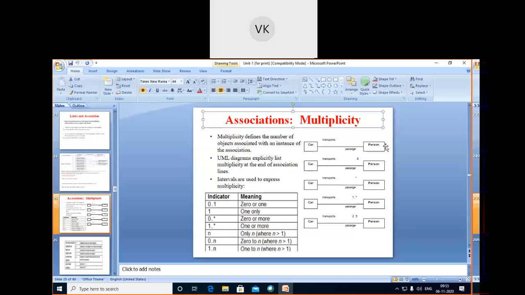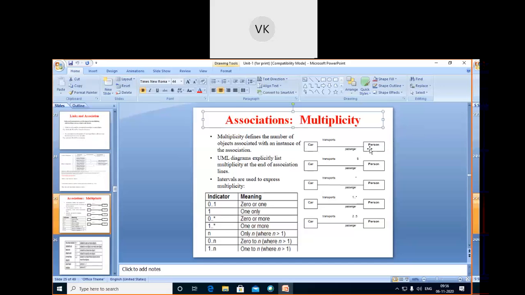Similarly, for the person class, a person can transport a car. The person transports a car. Like this, we read the association.